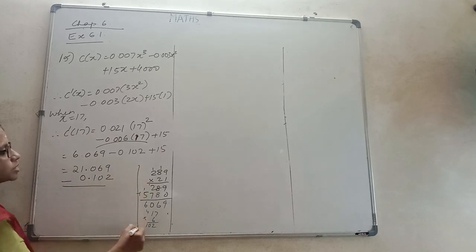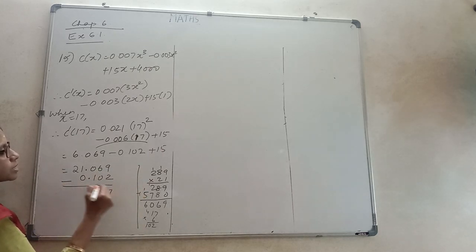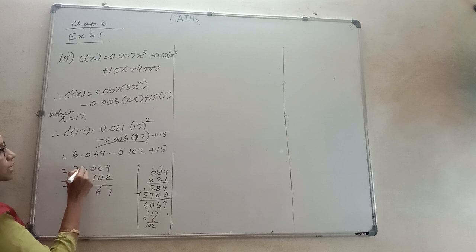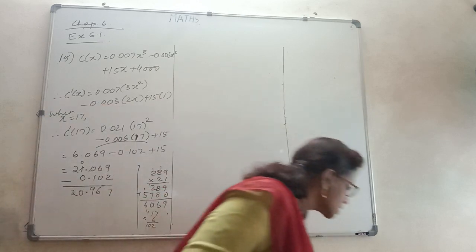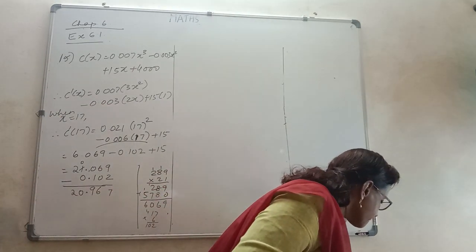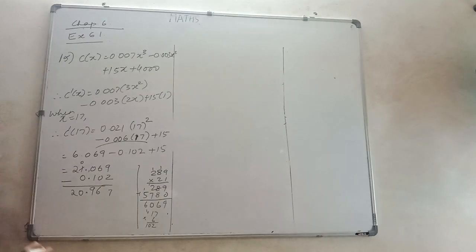Let's do the subtraction. 9 minus 2, it is 7, 6. 10 minus 1, it's 9, and 20.967. That's it. That's the required.